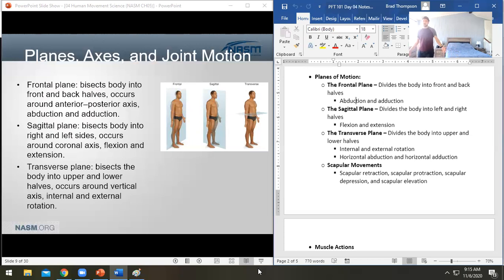So sagittal, frontal. The primary motions in the sagittal plane are going to be flexion and extension.